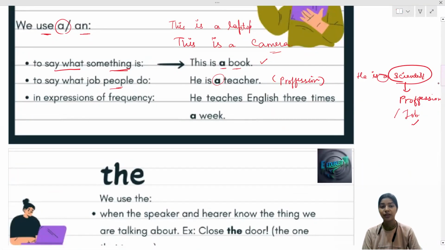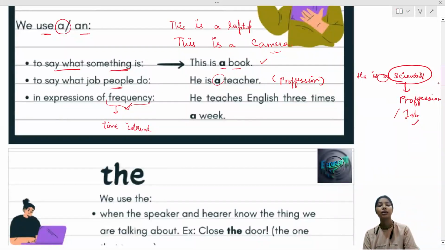Then, in expressions of frequency, frequency means time interval. What is frequency? Frequency is time interval. So telling us the time interval, there we use the article a.